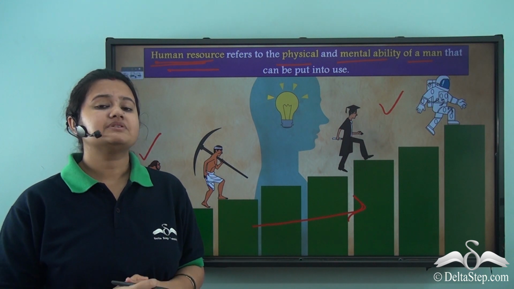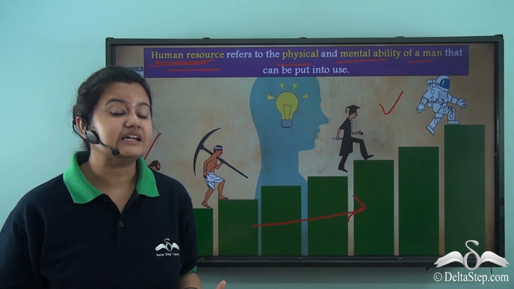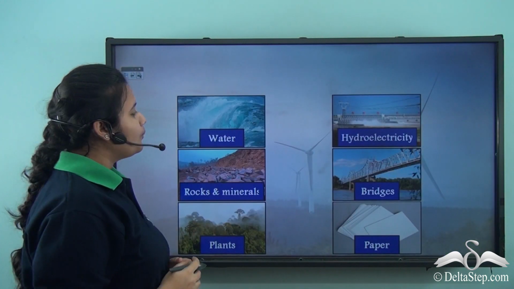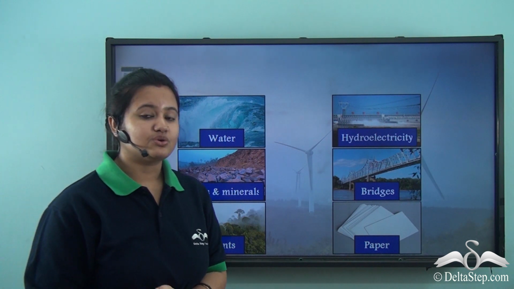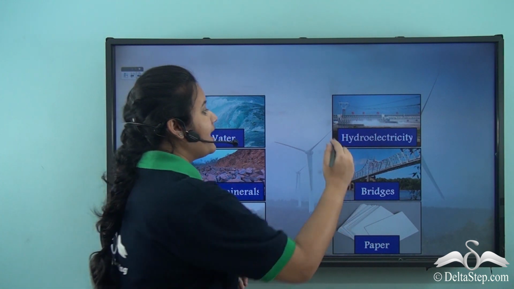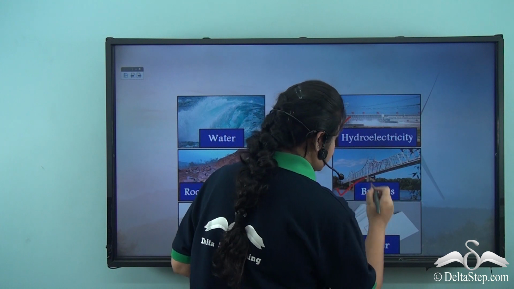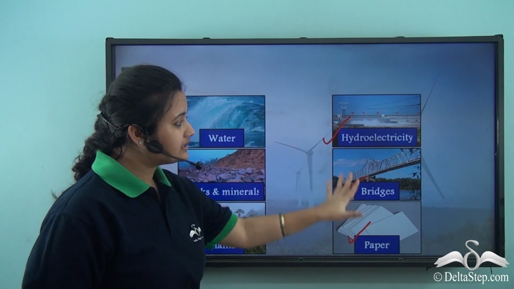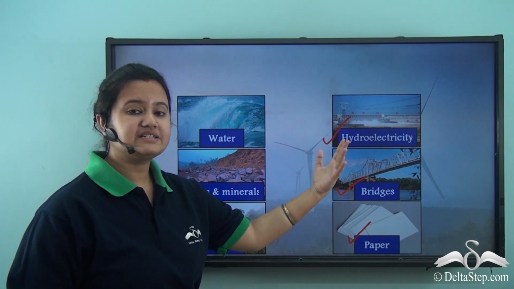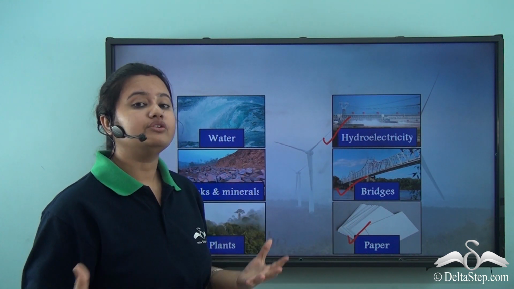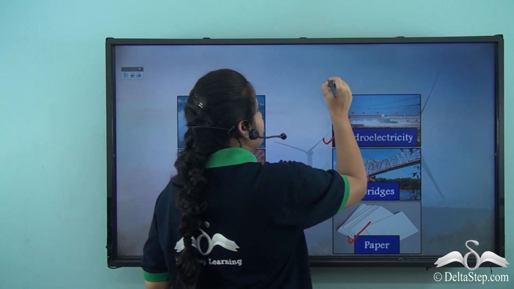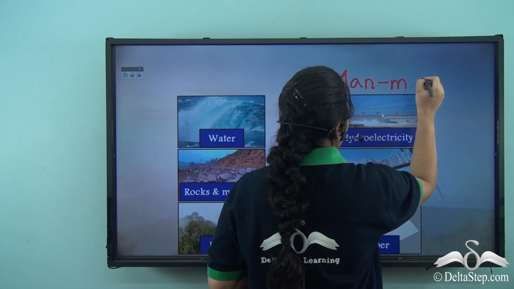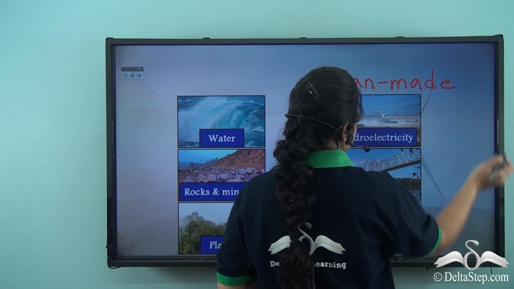Now, can you name some resources that have been created by man? Well, examples of some resources created by man are hydroelectricity, bridges, paper, tires, etc. Now, all these resources that are created by man for their own use are known as man-made resources, or in fact artificial resources.